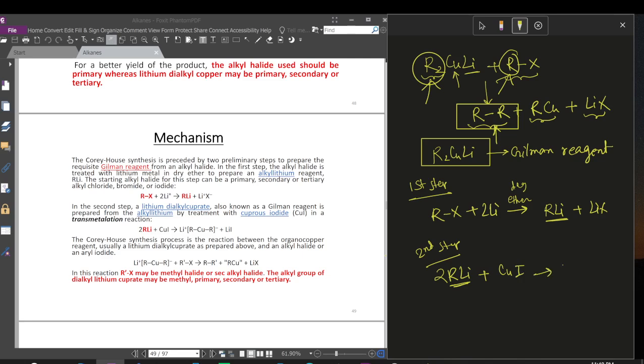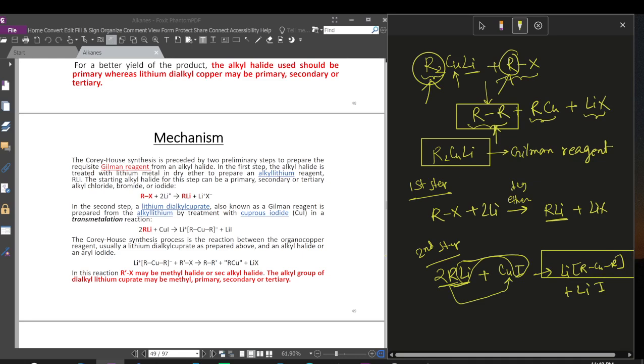This will form what we want, lithium diorganyl cuprate. You see that just the lithium and the iodine react with each other. This will form lithium iodide, and the other product is R2CuLi, which is our main reagent. This is the Gilman reagent, by which we can produce our desired alkane.